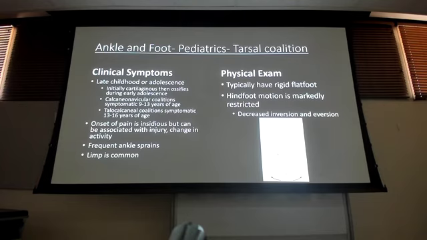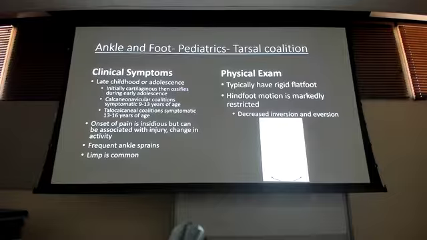In the younger 9 to 13 group, we'll see a calcaneonavicular coalition. That's just naming the two bones that are connected. And when they're a little bit older, in the teenage years, you'll see a talocalcaneal coalition, and they'll become symptomatic.